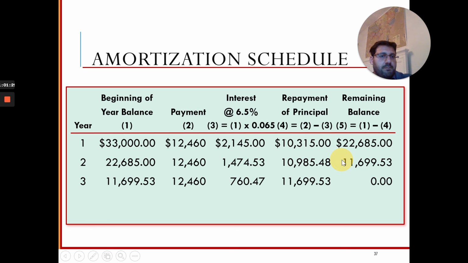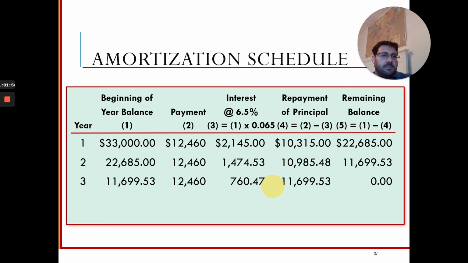This is the beginning balance, 11,699.53, for the third year. Now calculate 6.5% on this. You'll get 760.45. So this 760 is a part of this 12,460, and the rest is actually the principal repayment, 11,699.53, and the remaining balance is 0.